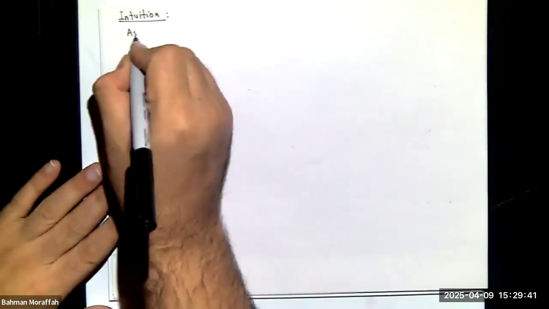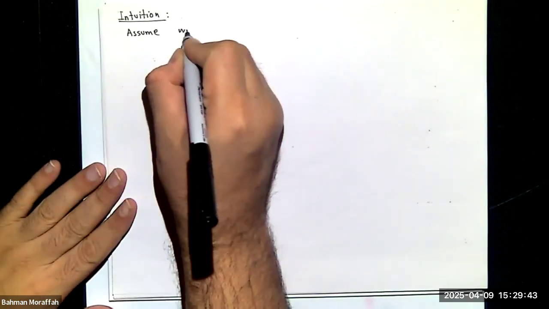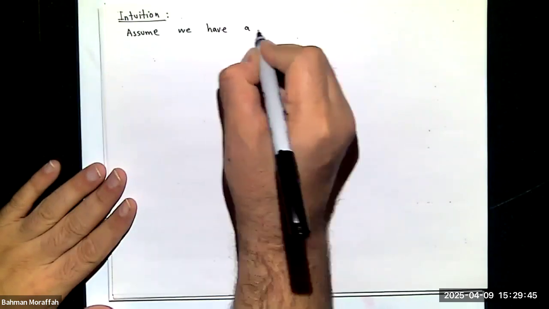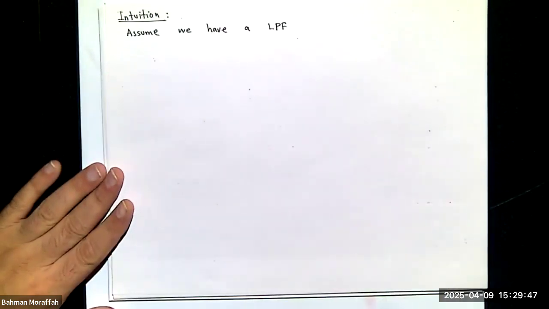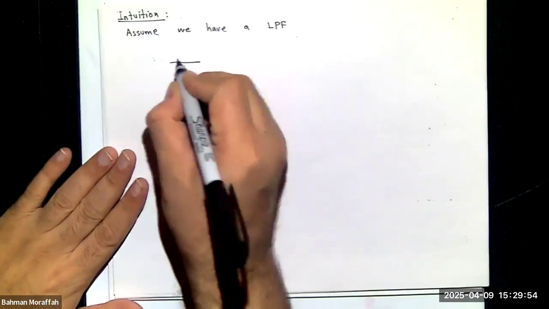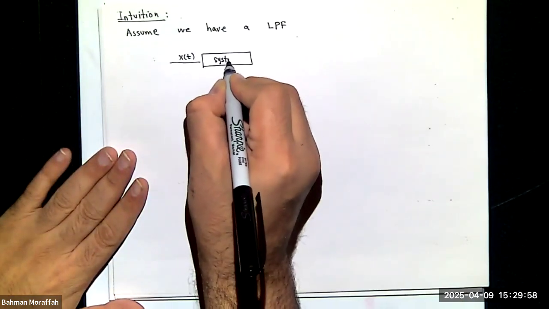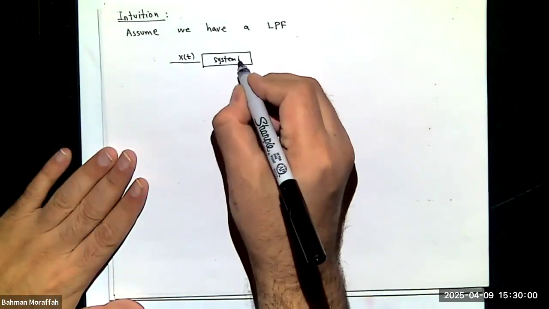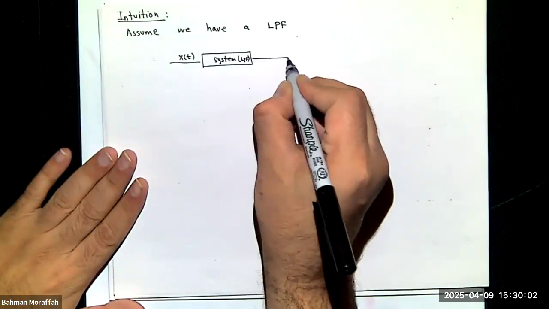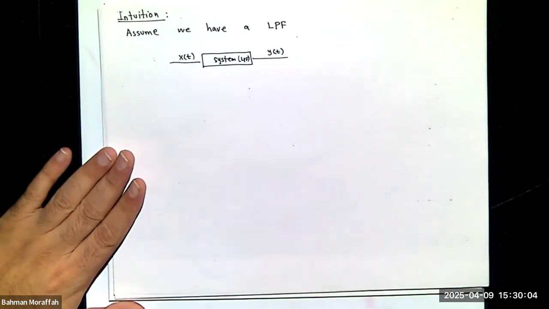Let's assume we have a low pass filter. What it means is that my system is a low pass filter, right? So I have my X of t. It goes to my system, which I know is a low pass filter. It provides some Y of t, right?